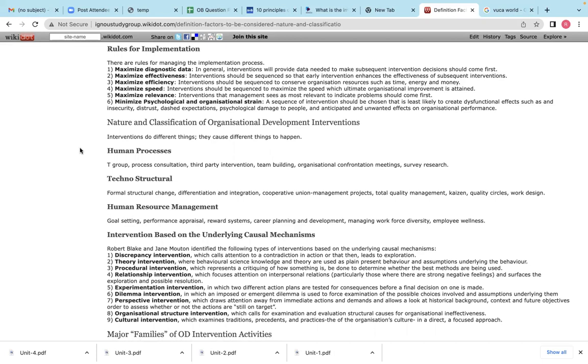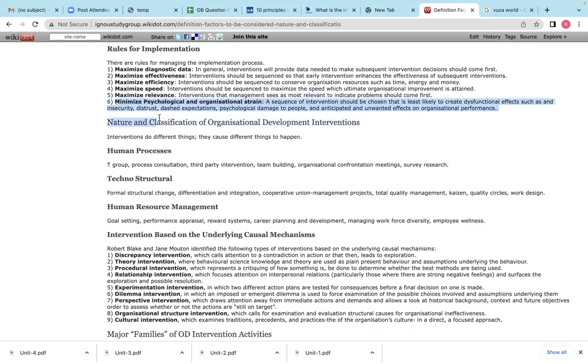Second, maximize effectiveness. You need to make sure that whatever you are doing is as effective as possible. I think everybody tries to do that, but it is a special focus that you need to give, and it needs to be very efficient. Maximize your efficiency, maximize speed, maximize relevance, minimize psychological and organizational strain.